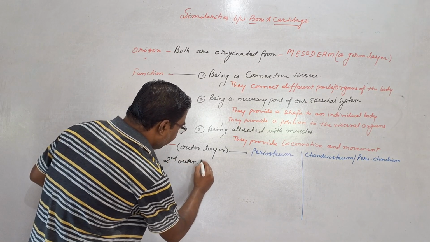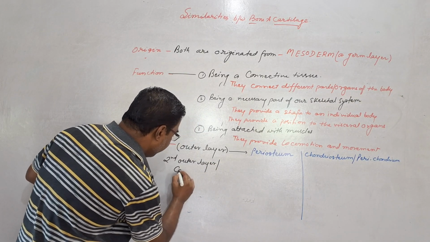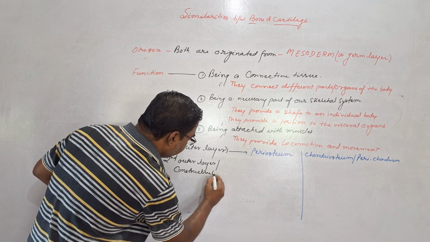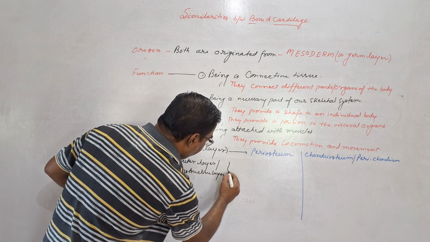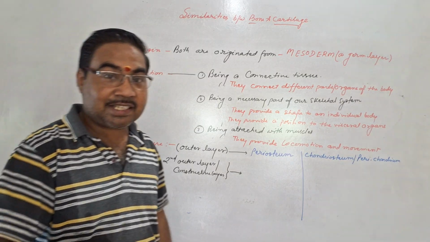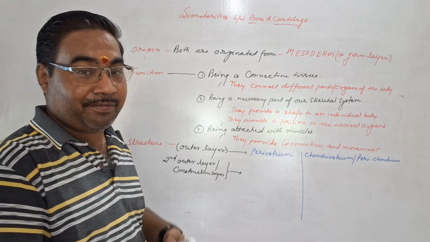The second is the second outermost layer. We can call this a constructive layer, because it is very important. They produce the cells for other functions of this particular type of tissue.